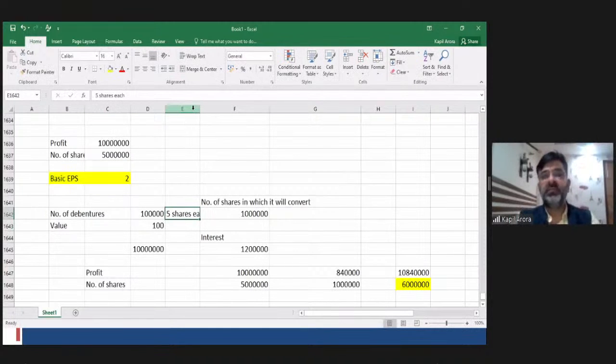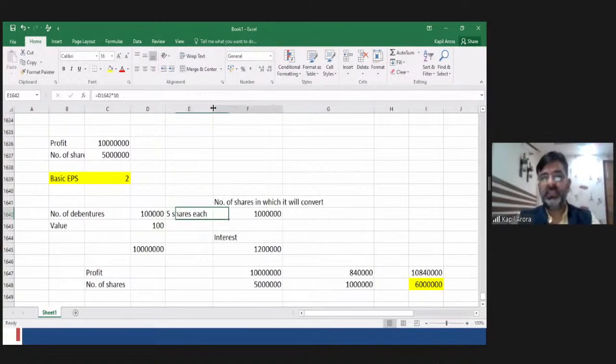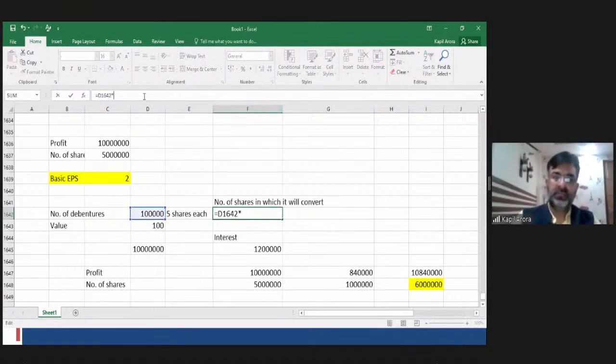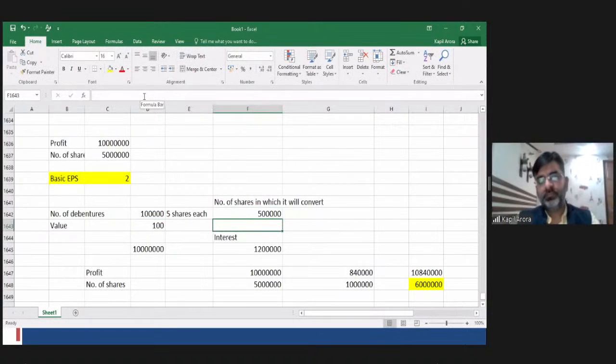So how many shares will increase? These shares will increase by 5 lakh instead of 10 lakh. If shares are increased by 5 lakh instead of 10 lakh, what is going to happen?